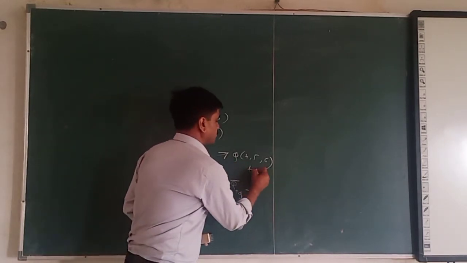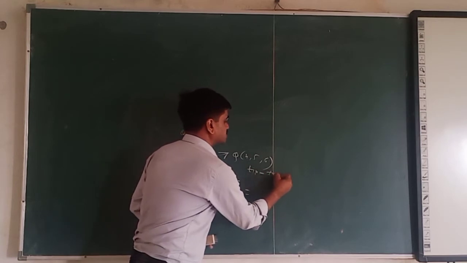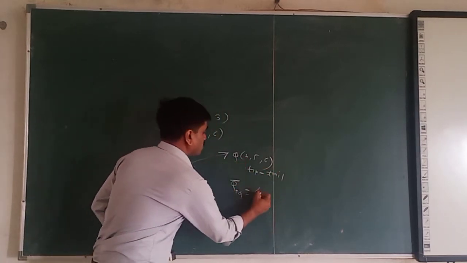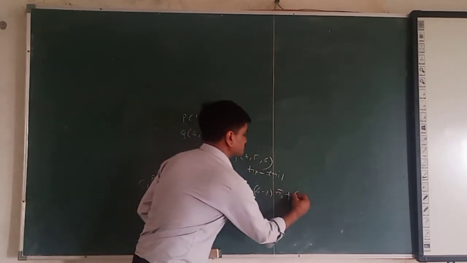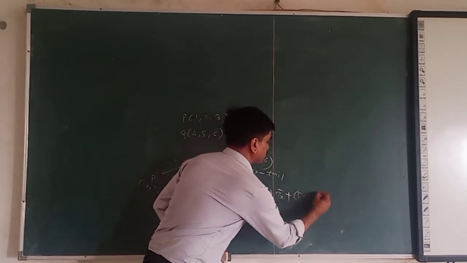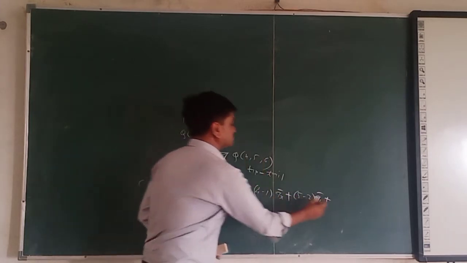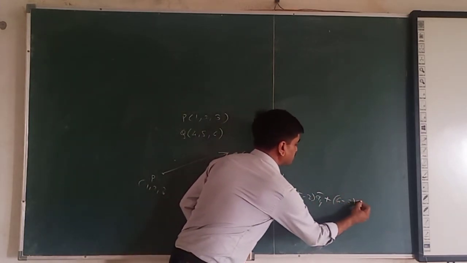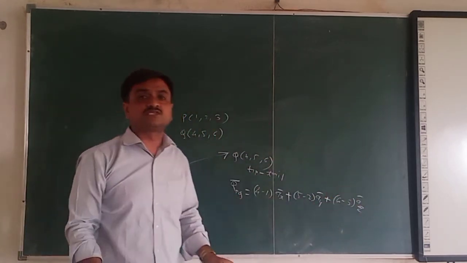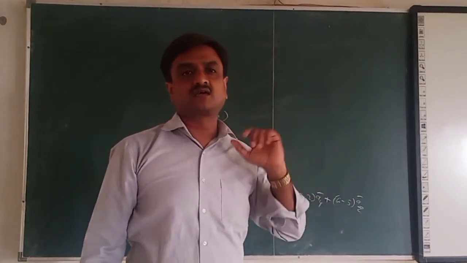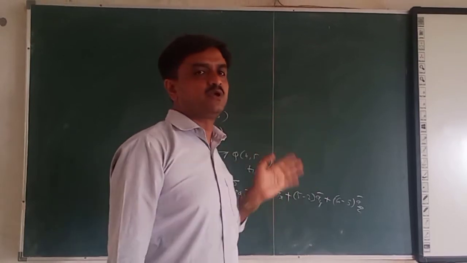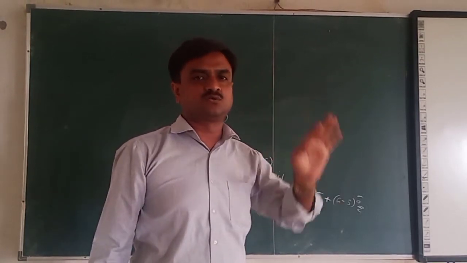So this is our rule: tip minus tail. So (4 minus 1) ax plus (5 minus 2) ay plus (6 minus 3) az. This is the vector directed from P to Q. This is just tip minus tail. You have to remember that the vector directed from P to Q means towards Q.